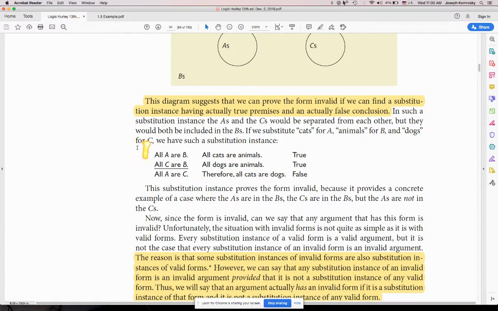If you come across some sort of form that's bad, no matter what you plug into it, if you use cats, animals, fish, whatever, as long as you're consistent with your A's, B's, and C's, you will always have two true premises and a false conclusion because the form itself is just awful. And it just says, hey, even if these two were true, would this follow? No. And we could see it as obvious as the sun. All cats are dogs. We know that that's false, okay?